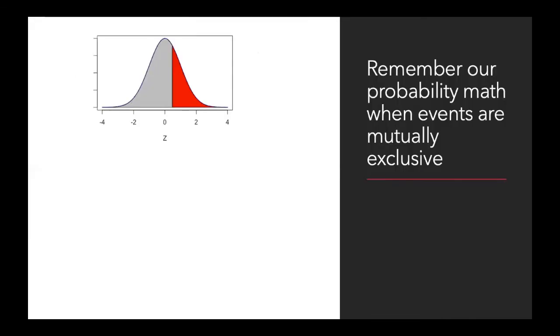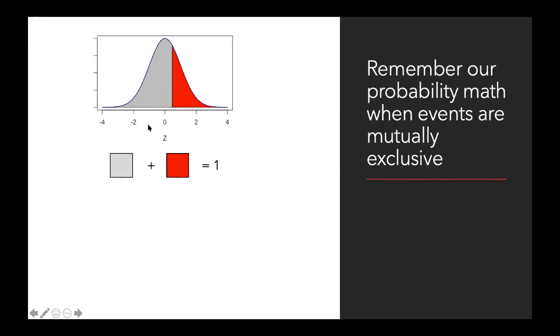So before we go too much further, let's pause and remember some of our rules about doing math with probabilities when events are mutually exclusive. Here we have in red the probability of the British man being greater than 180.3 centimeters. Now remember that all of our probabilities, our entire population, needs to sum to 1.